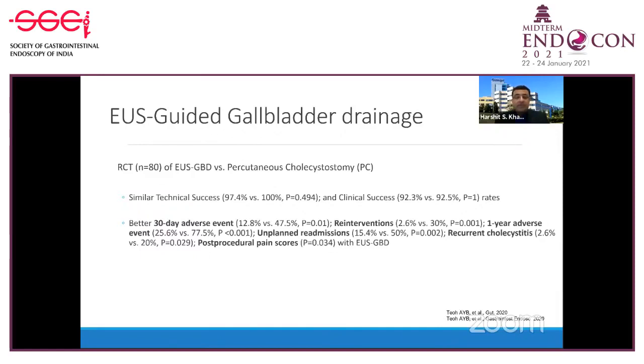However, with EUS-guided gallbladder drainage, there were better 30-day adverse event rates. The reintervention rate was much lower at 2% as compared to 30%. The one-year adverse event rate was significantly lower at 25.6%. Unplanned readmissions, the risk of recurrent cholecystitis of only 2%, and post-procedural pain scores were all significantly lower as compared to percutaneous drainage.